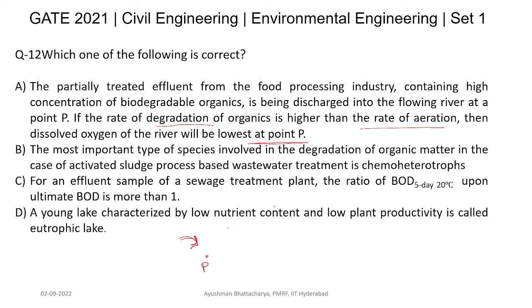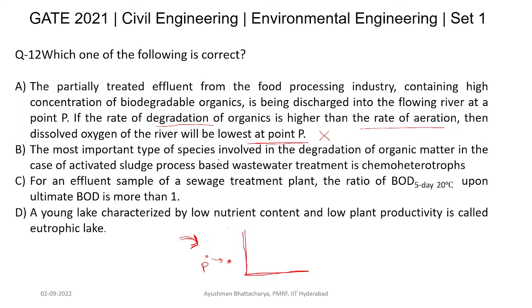They are telling that the dissolved oxygen level of the river will be lowest at this point. However, based on our theories, the dissolved oxygen of the river will always be lowest at a certain distance downstream, not at the point where the water falls. So obviously this is incorrect.